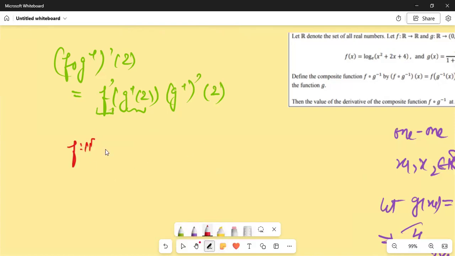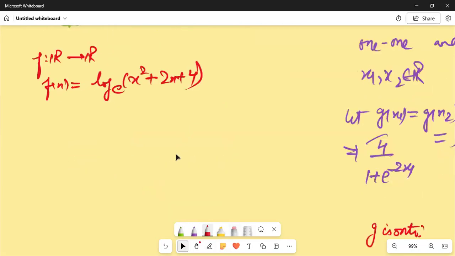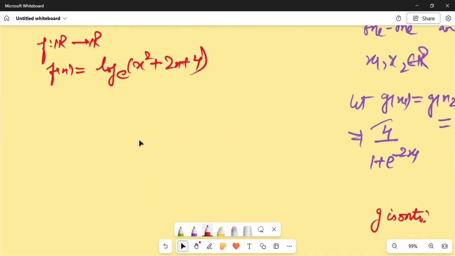So f is defined as this: f(x) equals log of x square plus 2x plus 4. This is a very small observation, because x square plus 2x plus 4 equals (x plus 1) square plus 3.